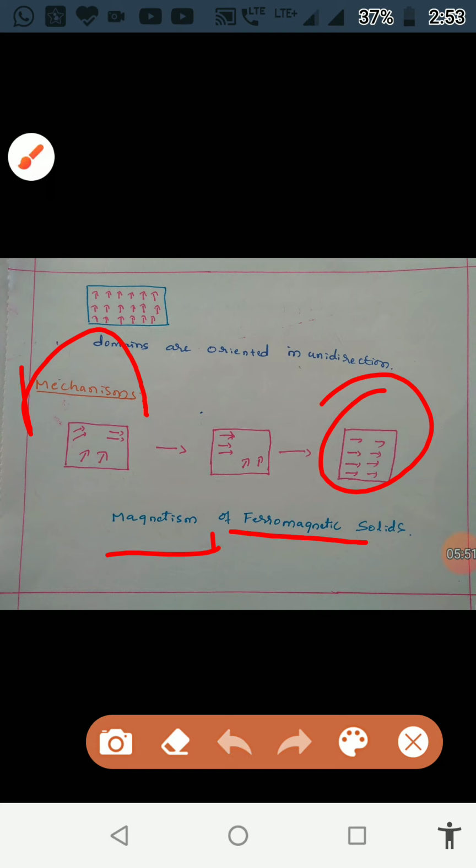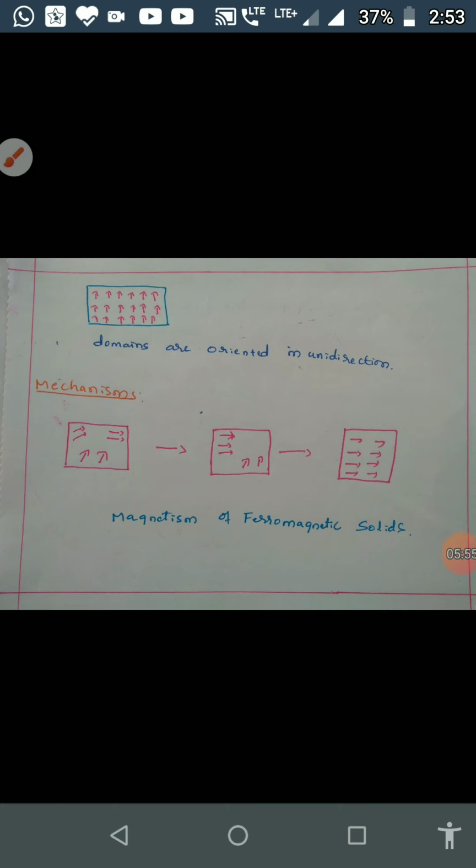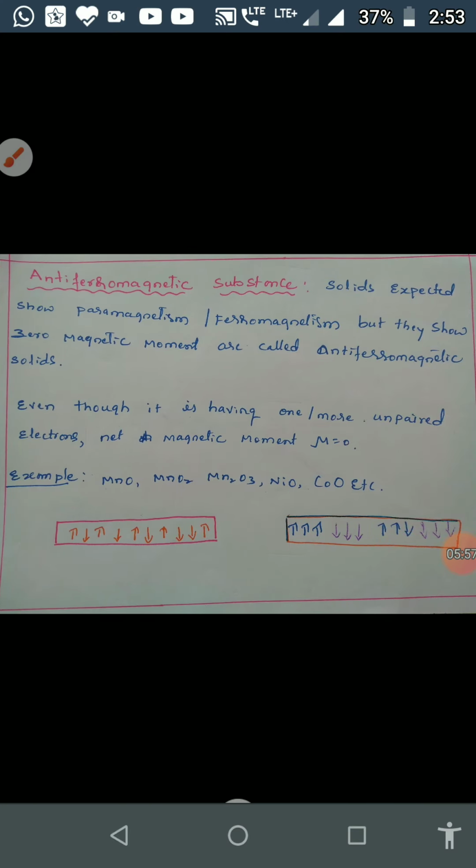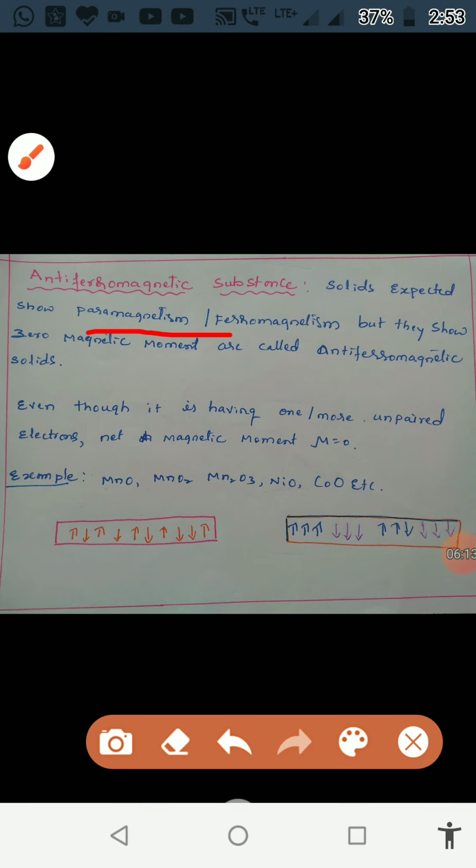So nextly, we shall move on to antiferromagnetic substances. Antiferromagnetic substances means the solids which are expected to have very high magnetism, or which are expected to show either para or ferromagnetism as they have unpaired electrons, but they show net magnetic moment zero.